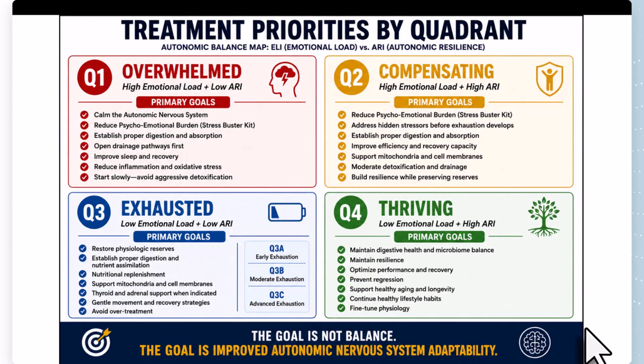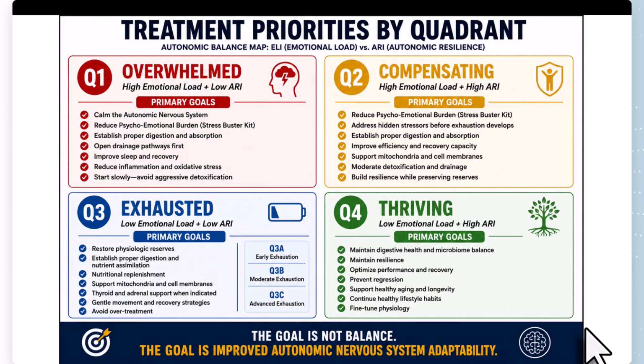Quadrant 2, they still have a high emotional load index. So you're going to still do some of the same things we talked about. That's right here. Stress Buster Kit from BioResource, one of the Picana line, which we really like because we've done some testing with that. We can show that to you if you ask us. Address hidden stressors before exhaustion develops. Okay, so again, the Ruby Meds is really good.